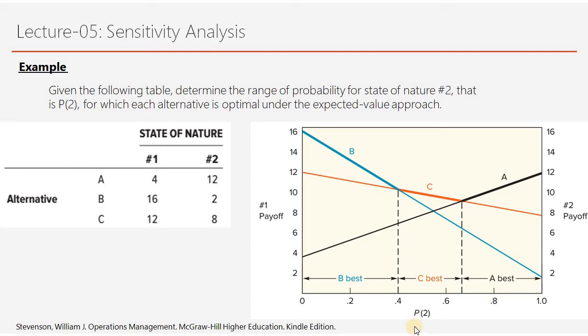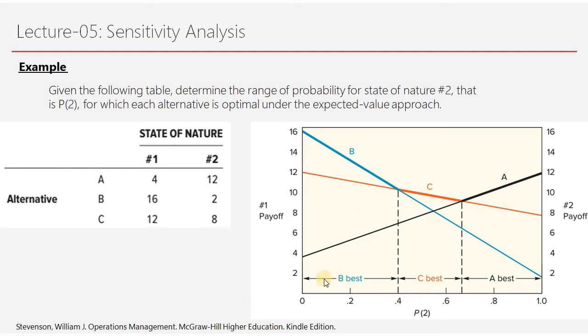Okay, so we need to first calculate the point at which we have the intersection between B and C. What is exactly the probability? And the same for the intersection between alternative A and C. We need to find these points. Why? Because these points will determine the ranges at which each alternative is the best.